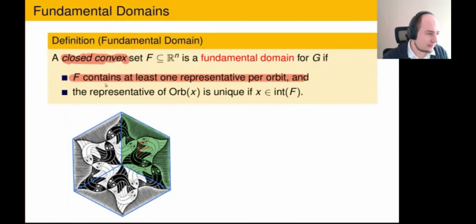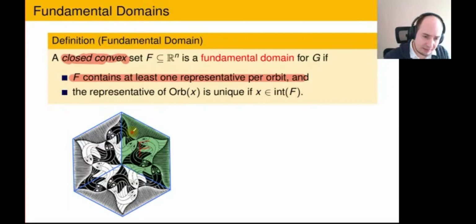And the other one is that we would like this representative of each orbit to be unique, because this is the way we are actually breaking symmetries. But there is an intrinsic difficulty that we cannot avoid having some orbits that have more than one representative, at least not in general. So what we can ask is that the representatives of the orbits that are in the interior of F are unique.